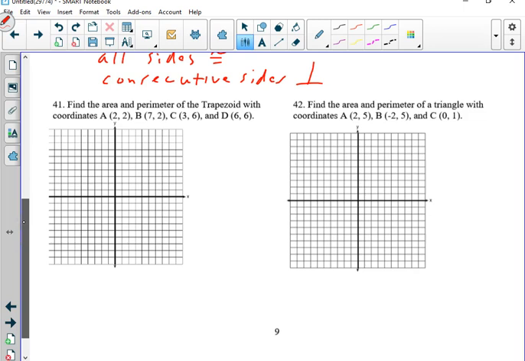Okay, find the area and perimeter of the trapezoid. 2, 2, 7, 2, 3, 6, and 6, 6.